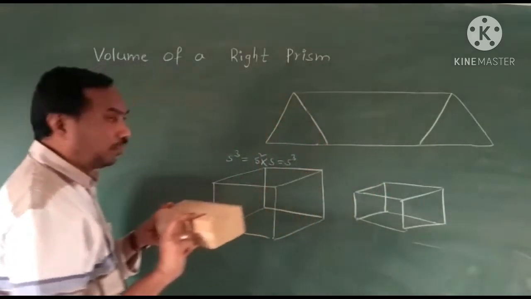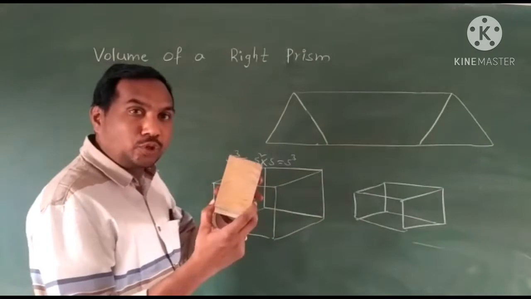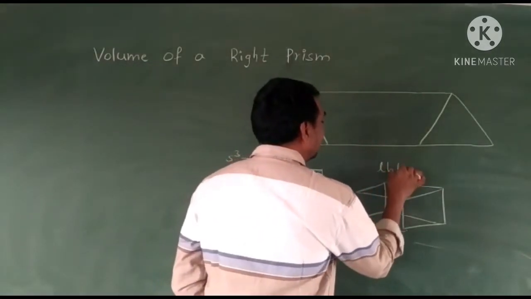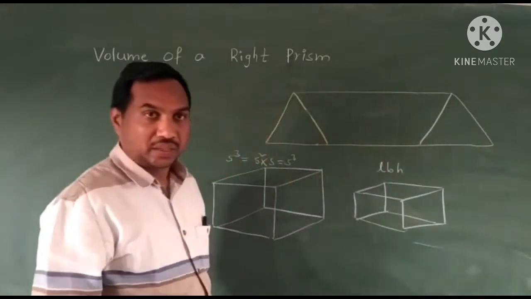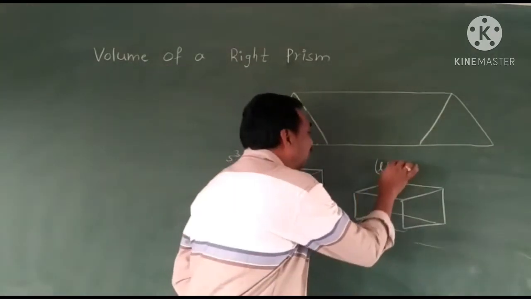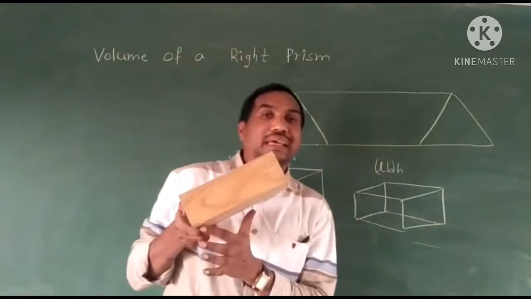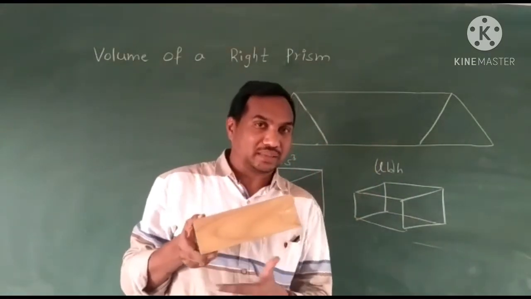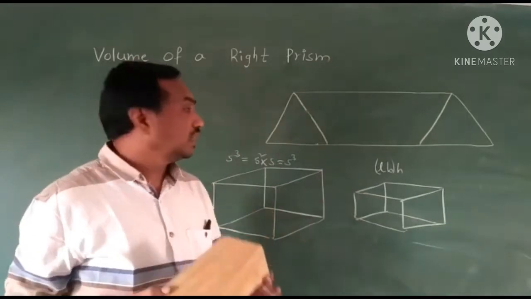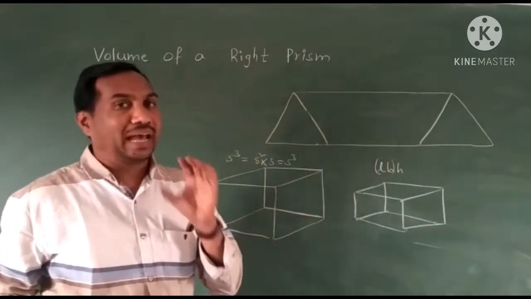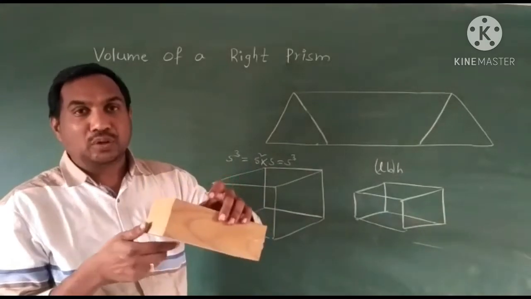What is the volume of this cuboid? The volume of a cuboid is L into B into H. Here, L into B is nothing but the area of the base. So for right prisms we are calculating the volume as base area into height.